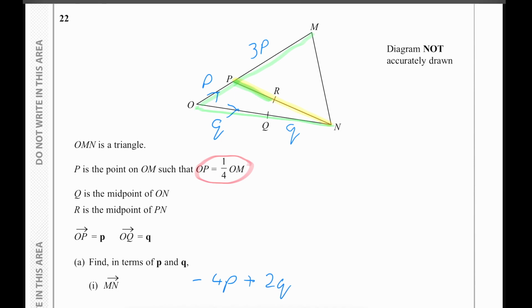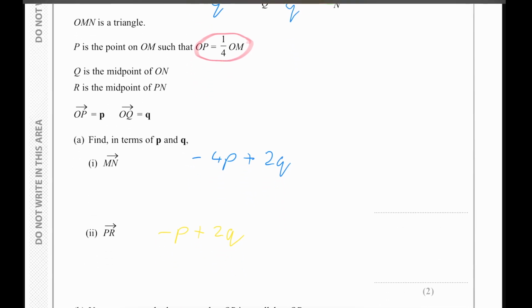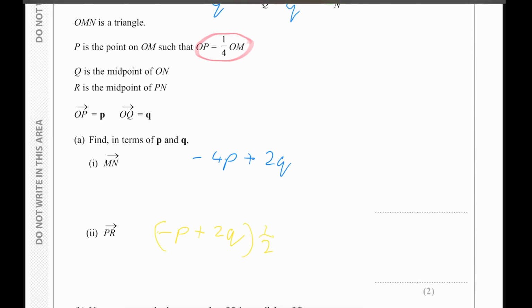So we can go from P to O, that is just minus p, and then all the way through to N, plus 2q, and that is my total length, but don't forget we must still halve that. So we get minus a half p plus q.